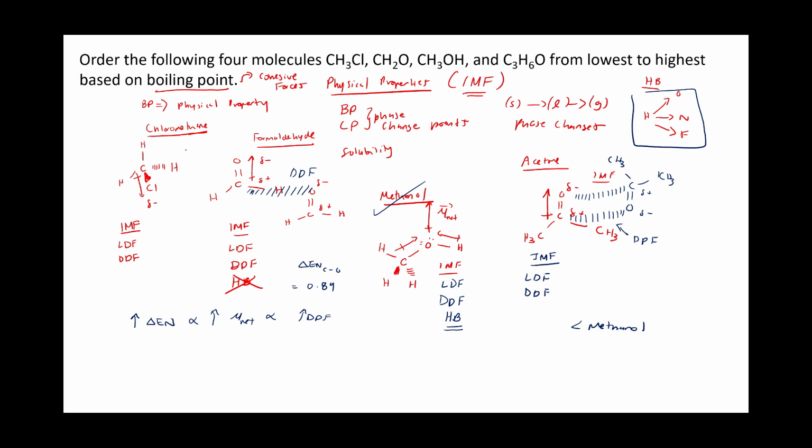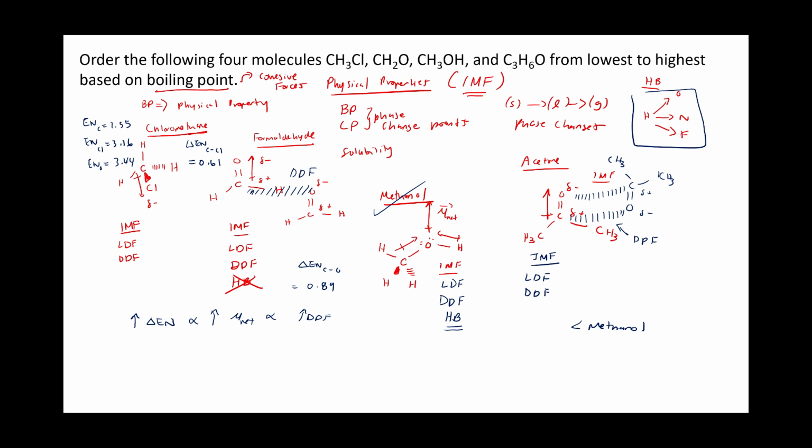Versus the electronegativity difference between the chlorine and the carbon. And if you don't understand how I got these values, you can view the previous videos. All I'm doing is subtracting the electronegativity values, and these are the values that I'm using: for carbon it was 2.55, for chlorine it was 3.16, and for oxygen we're using 3.44. So you can subtract and verify those values.